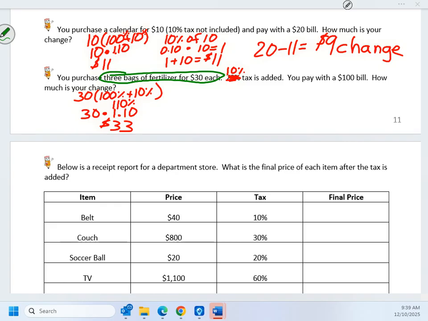He purchased 3 bags of fertilizer at $30 each. So if he's purchasing 3 bags, what should we have put here instead of 30? Evelyn? 90. We have to be careful.